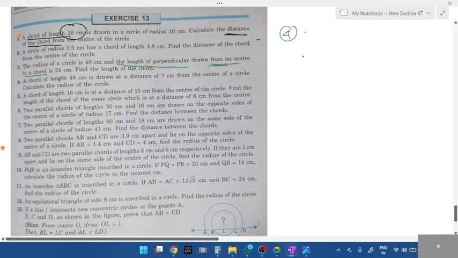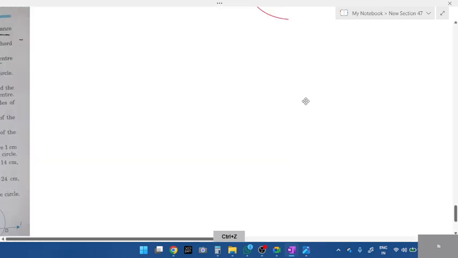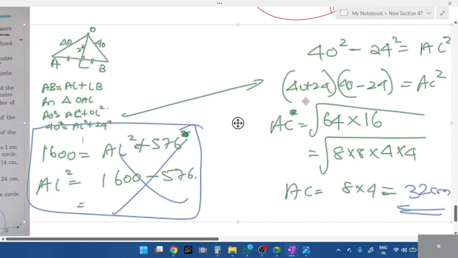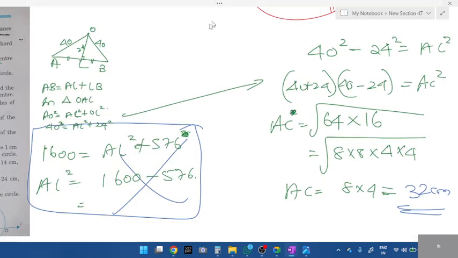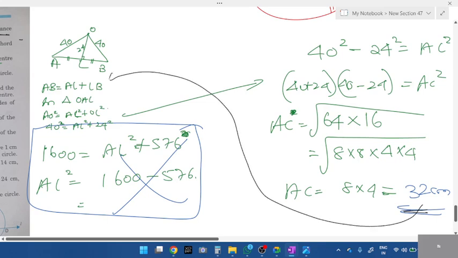Fourth question. Tell me the fourth one, students. Yes? Yeah, yeah. I told you, right? AL is how much, students? 32.